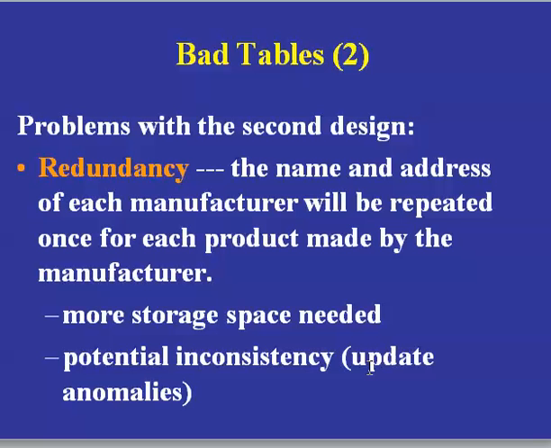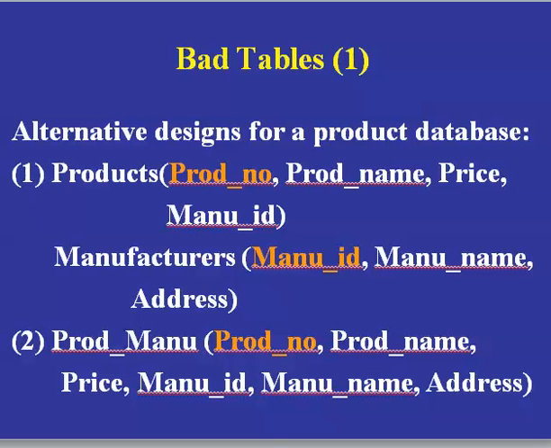Because we're repeating the same information. So when there is an update, a delete, or an insert, we can have a problem because maybe the name of the same manufacturer doesn't match the name that we inserted in another record. And if we have a unique identification of the manufacturer, it doesn't make sense to have that repeated multiple times. So the first design looks better.